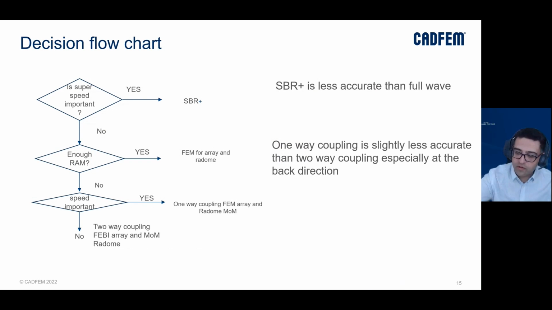So just to summarize and give you a guide, I'm giving here this design chart, which should aid your design decision-making process. Is super speed important? If it's very important, then go for SPR+. There's nothing faster.